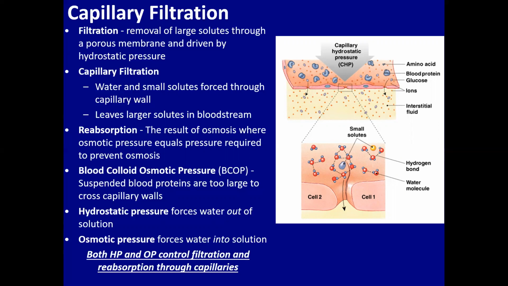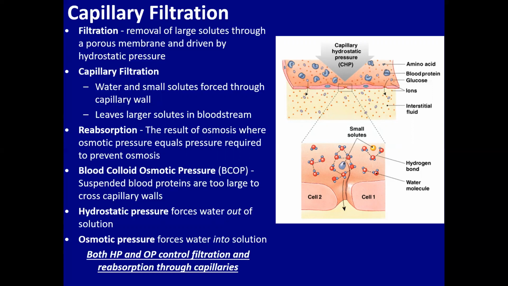Glucose is able to make its way through into the interstitial fluid, but the blood proteins are too big and they can't actually go through those pores. If we're talking about reabsorption, this is the result of osmosis.